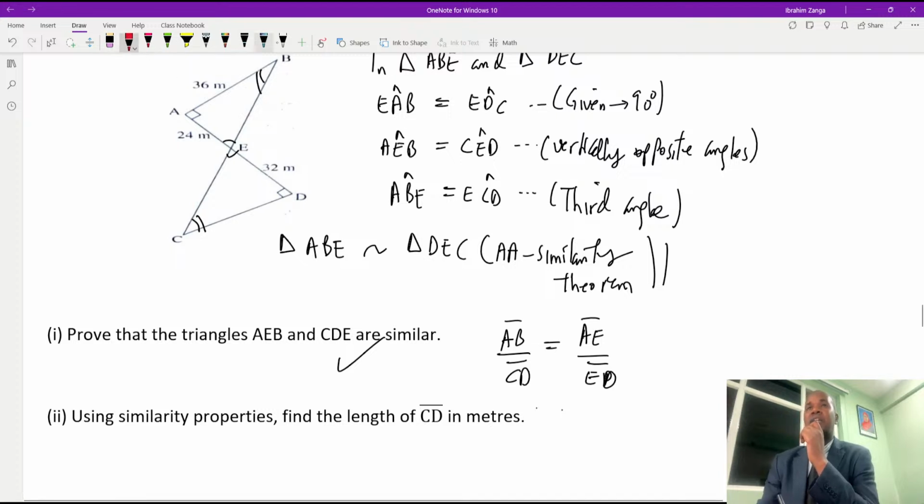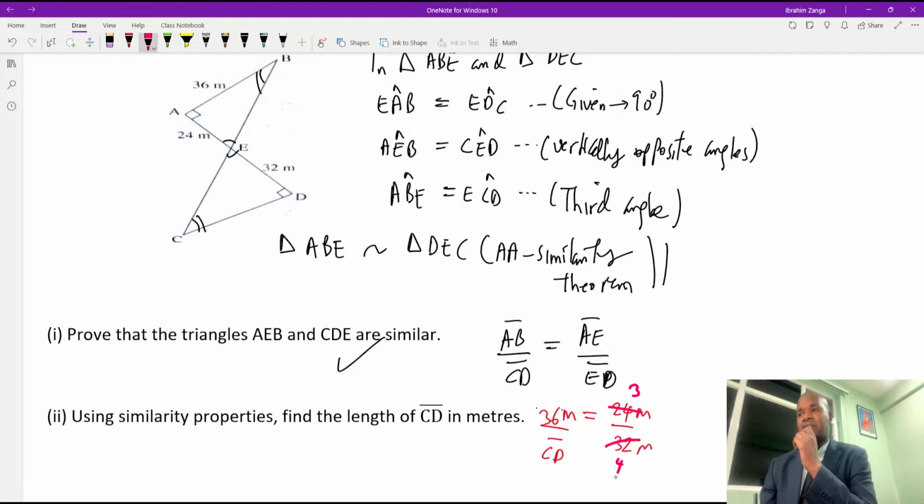So we're going to plug in all given sides. When we do that, you have AB, which is actually 36 divided by CD. Eventually, this is equal to AE, and the AE is 24 divided by 32. All of them are in meters. So when you simplify, by 8 here will be 3, by 8 here will be 4.